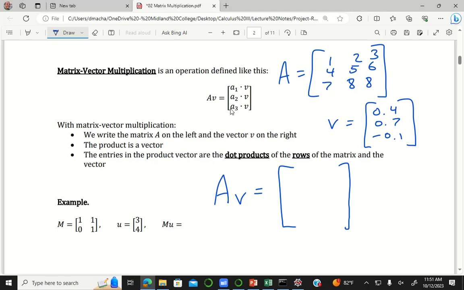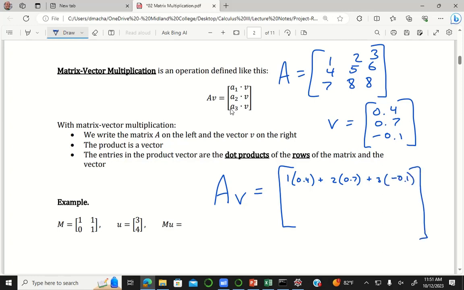first entry in the product vector is the first row of my A matrix, dot product the V vector. So the first entry here is going to be 1 times 0.4 plus 2 times 0.7 plus 3 times negative 0.1.